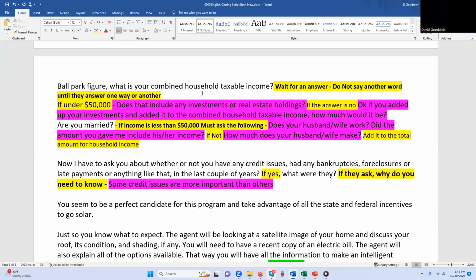So if someone is getting Social Security, that is not taxable. We don't include that income. Very important, we get the right answers to these questions. We get paid to provide accurate, complete information.